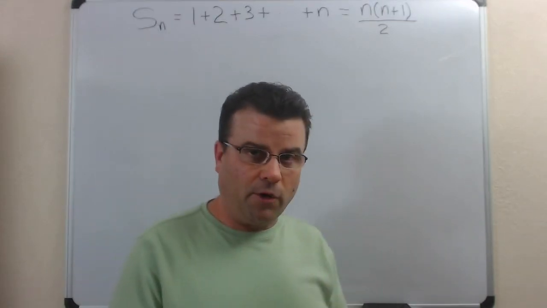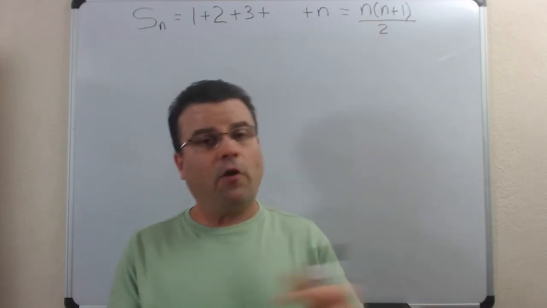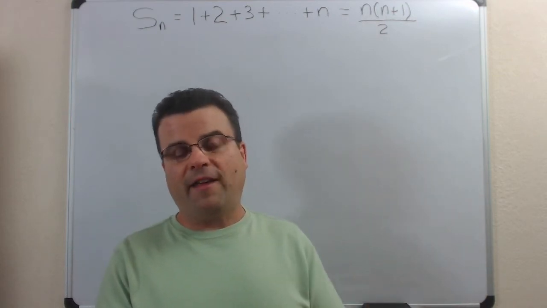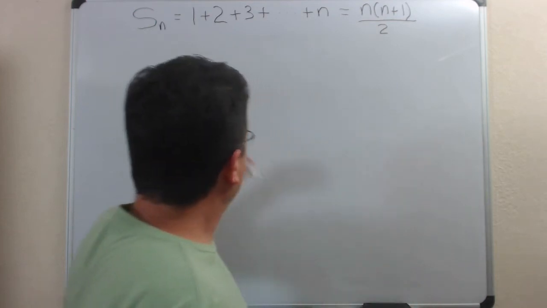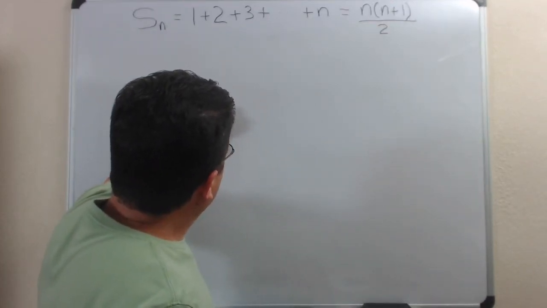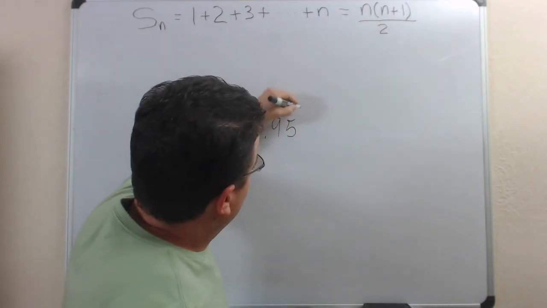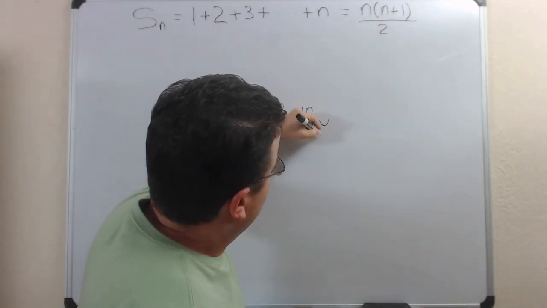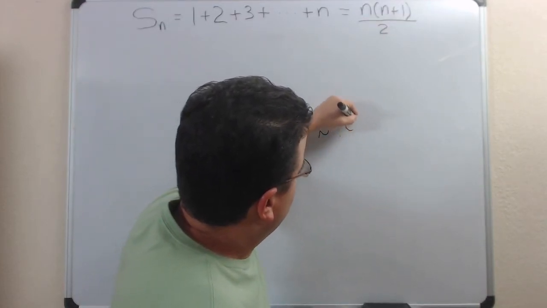The probability of making a type 1 error in at least one of those 10 tests would be 1 minus 0.95 to the 10th, which is approximately 40%, or 0.40.